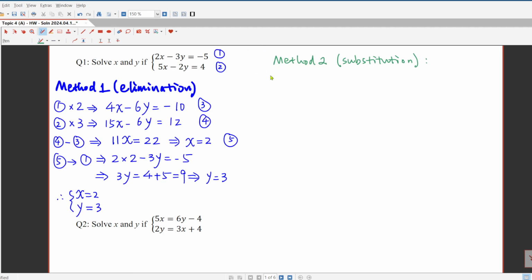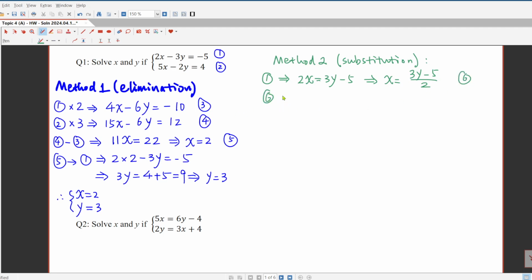So for example, we can start from equation number 1, solve x in terms of y, or solve y in terms of x. Let's solve x in terms of y. This means 2x equals 3y minus 5, right? And x equals (3y minus 5) divided by 2, and let's call it equation number 6.